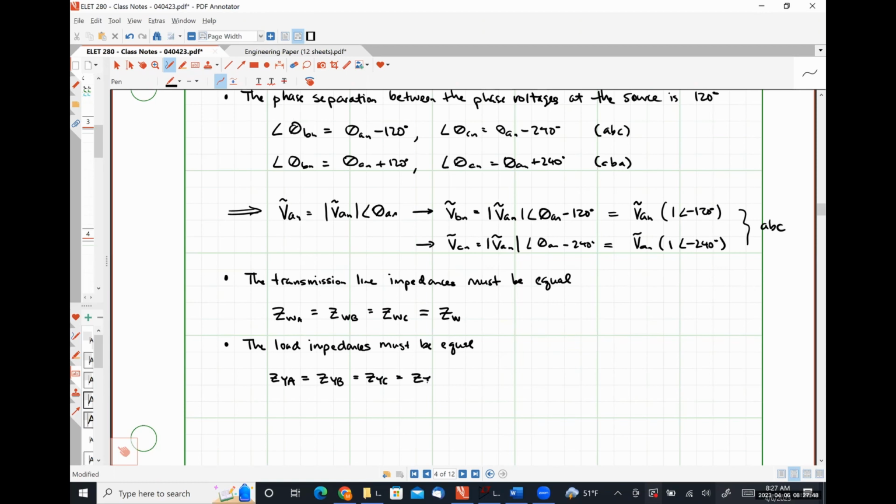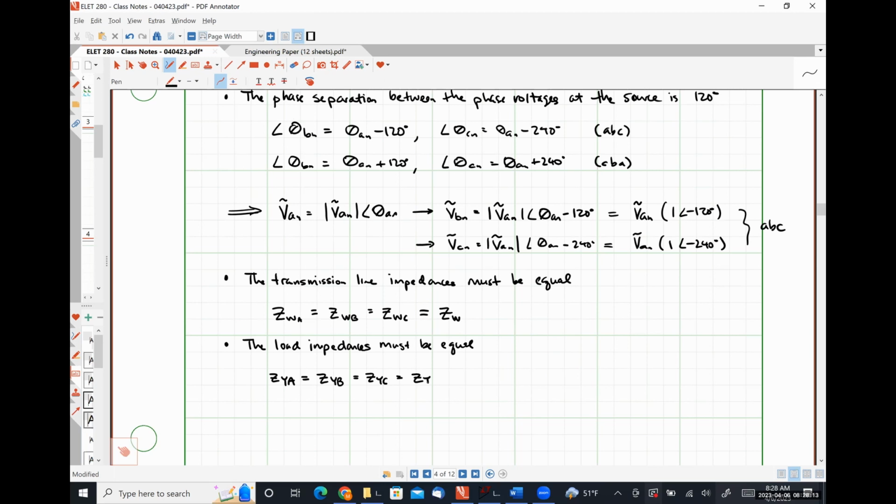And so we'll simply call it ZY. So this is really where we have the most amount of control because it depends entirely on what we connect to, right?